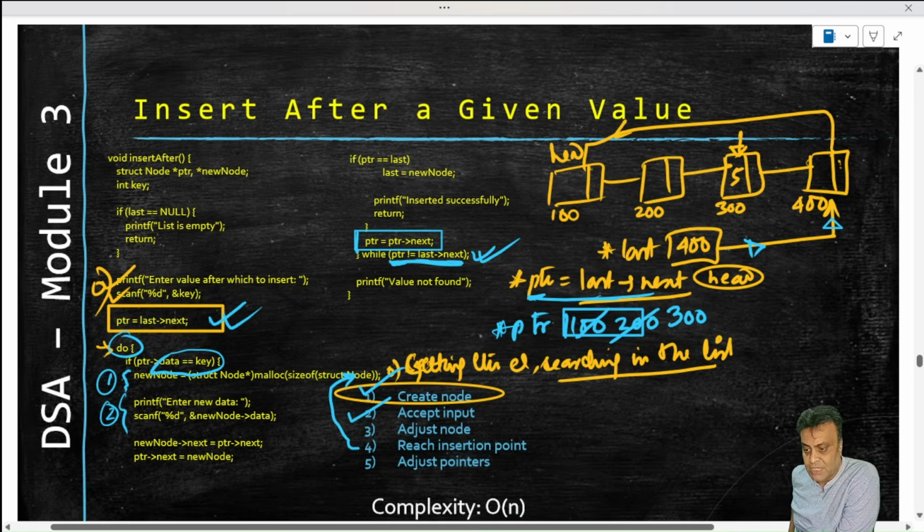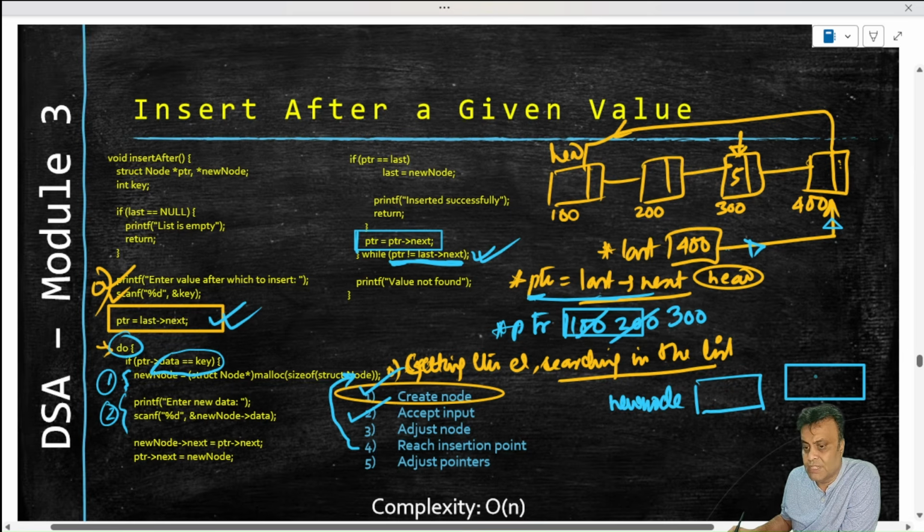Now what we are saying is, we had created a new node. We had specifically created a new node. That new node was having a data of, let's say, we wanted to insert 7 and it was at 500, and this new node was pointing to this 500, and that is what it was.